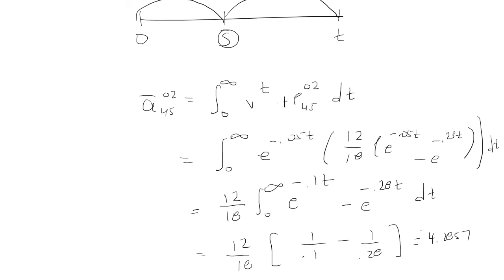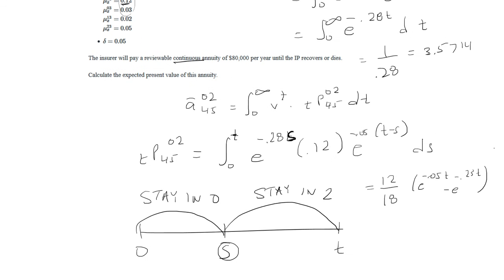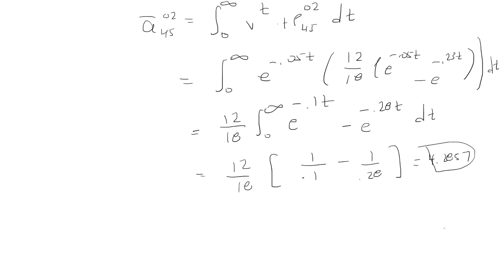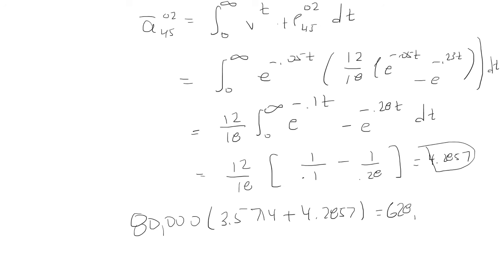So we have both annuities solved. So we're going to add these and then multiply by 80,000. We get a final answer of 628,571.43.